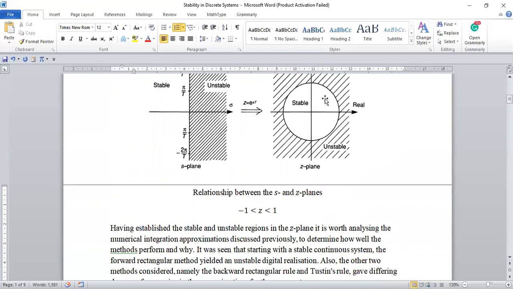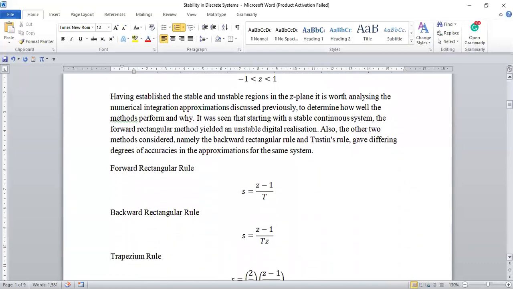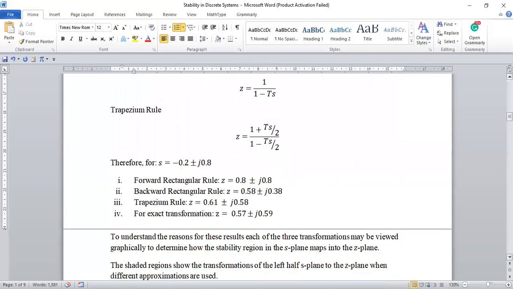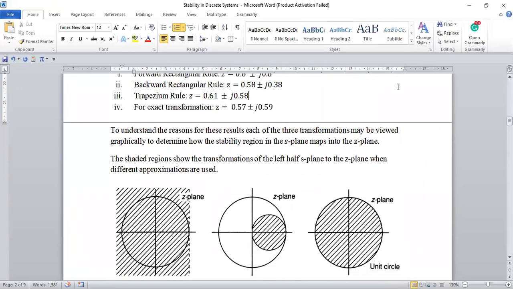Then the point that they join together is within the unit circle, so it's stable. And so we already know how to define stability in the z-plane: the z-plane has a unit circle, and the poles should be within the unit circle.